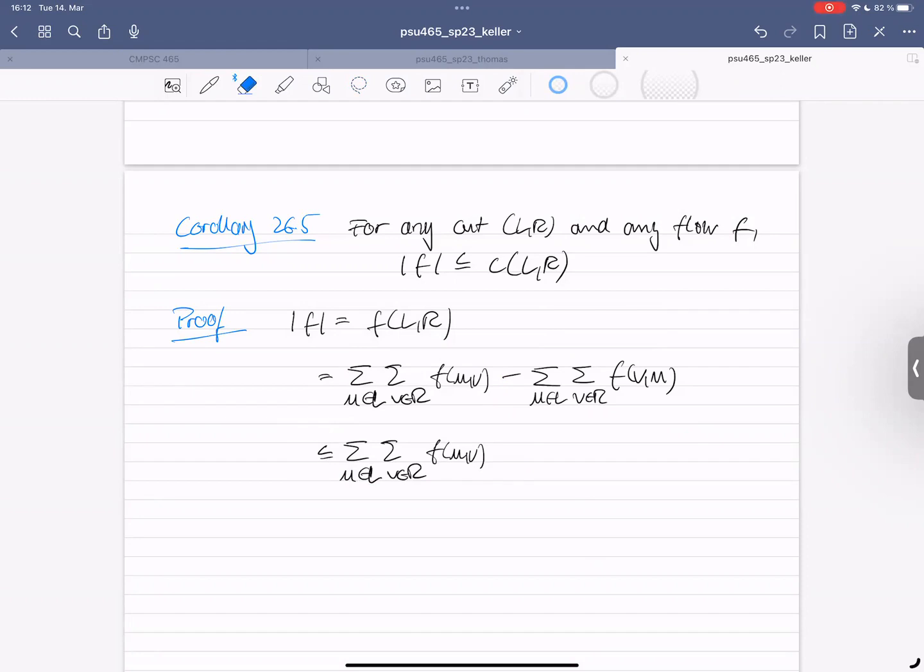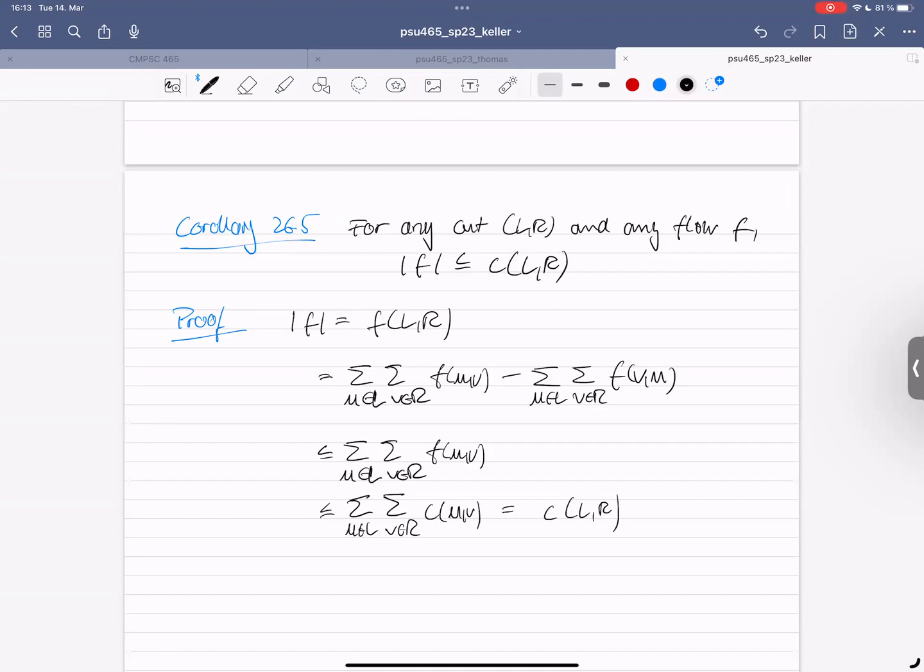And now we're using capacity constraints again, meaning that we can upper bound this sum by replacing the flow by the capacities of these edges. So summing over all U in L and V in R, and taking the capacities from U to V will be an upper bound on this. And this is exactly the definition of the capacity of a cut. So this is C of L, R.